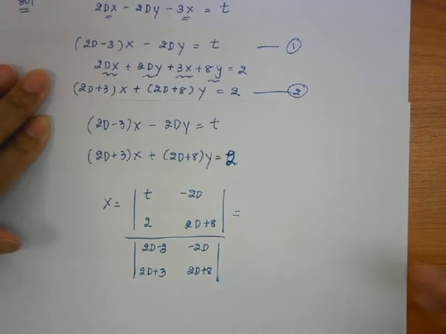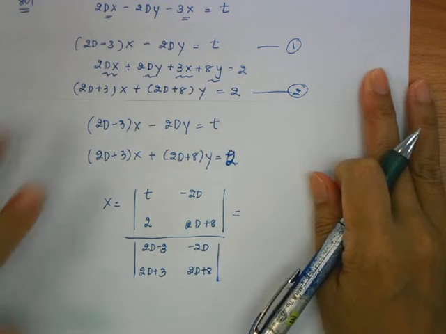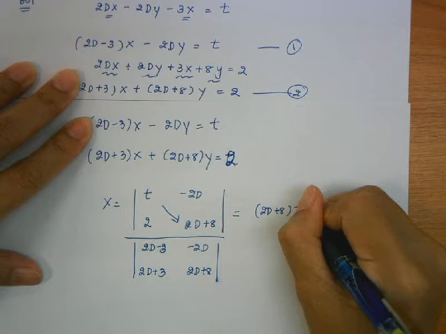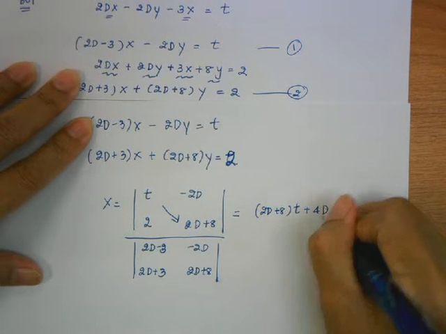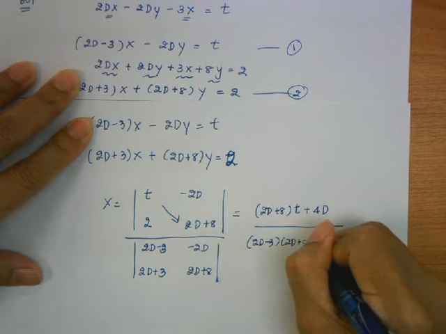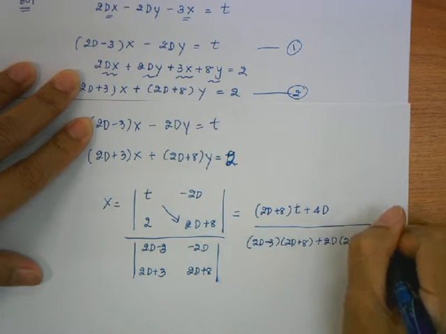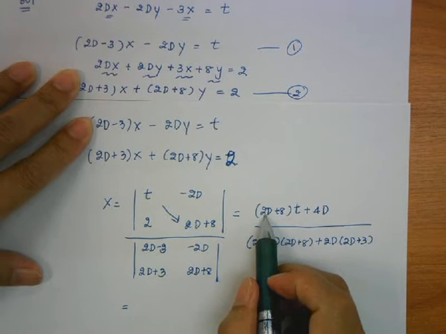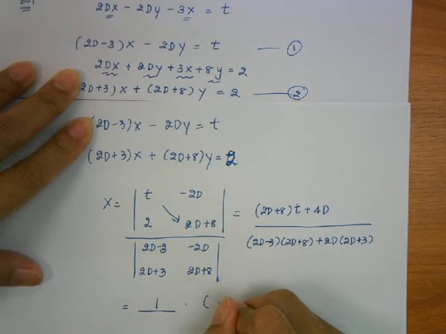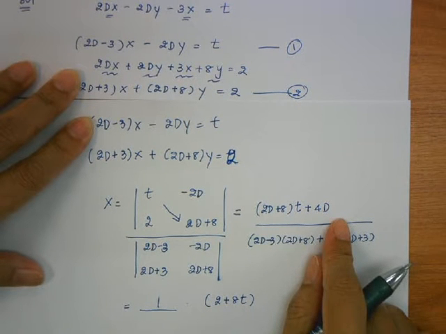Find the determinants of the 2 by 2 matrices. You would get (2D plus 8)t plus 4D, and just combine them together: 2Dt is equal to 2, and D of 4 is equal to 0, right?